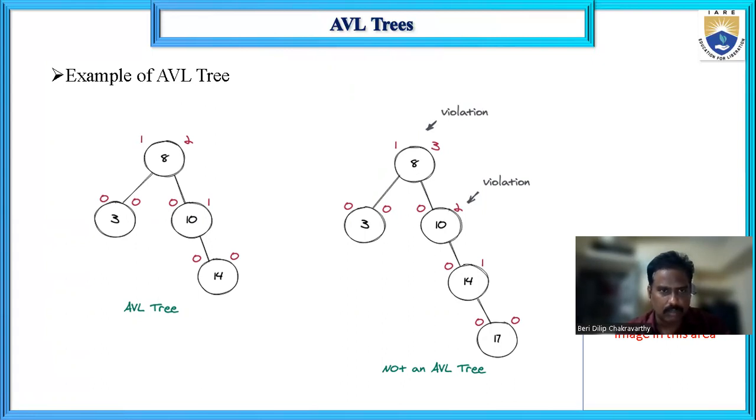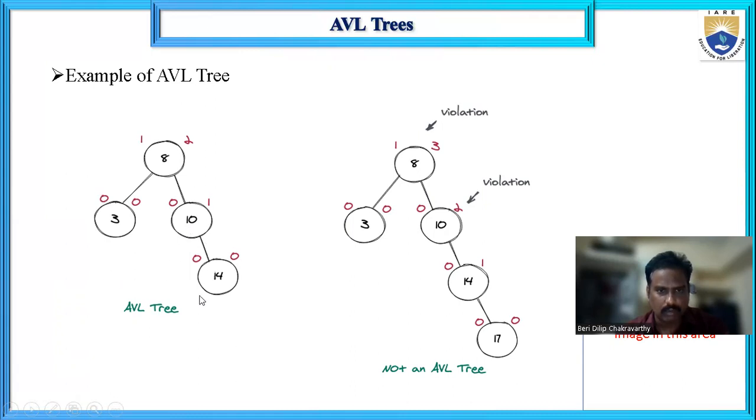That means 2 minus 1, which is 1. Here also 1 minus 0, which is 1. As this one is a leaf node, we get 0. So here also 1 minus 0 is 1.